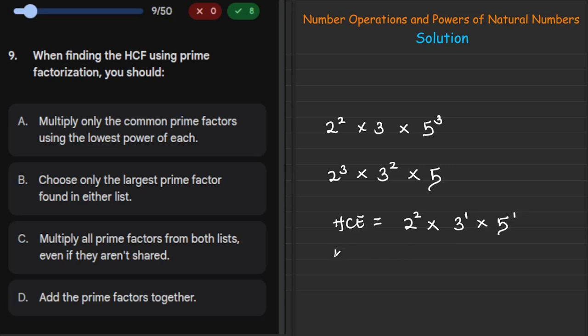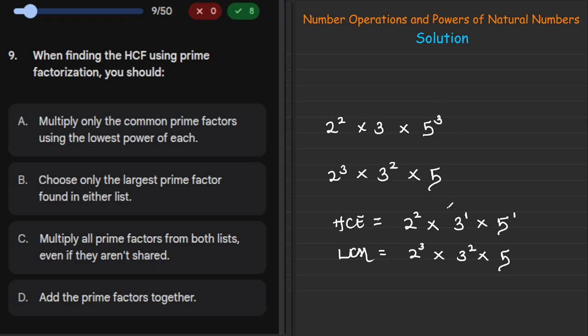On the other hand, for the lowest common multiple, what we do is we have our 2 times 3 times 5. We are rather going to take the highest. So among these, this 3 is the highest, so we have our 3. And for the 2 as well, this becomes our highest.